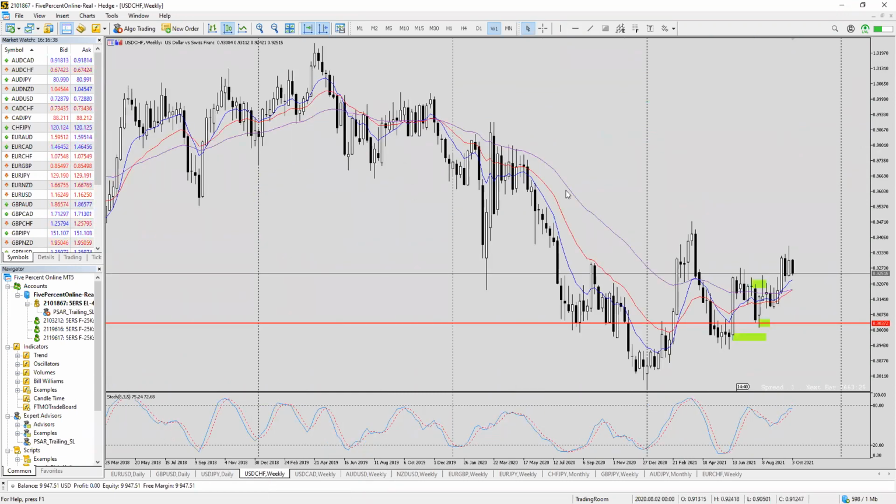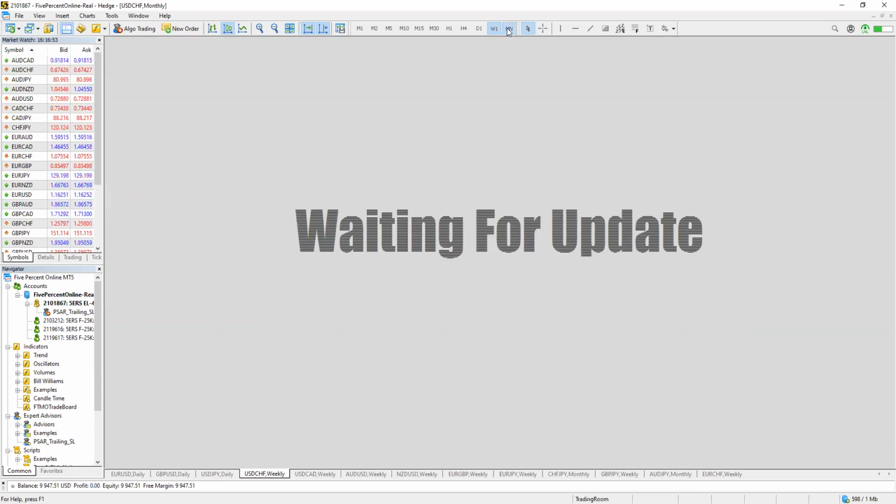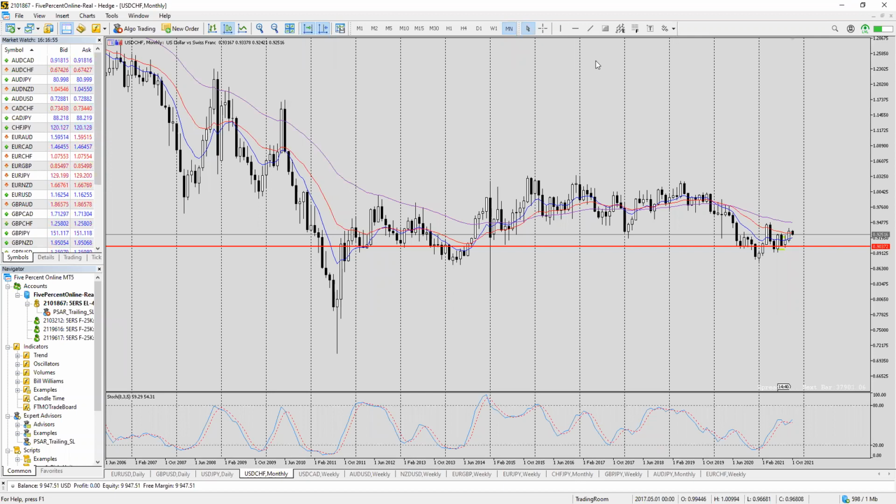Dollar Swiss, also just like dollar yen, a little bit unpredictable. And you know, there were these talks about the SNB, maybe the Swiss National Bank intervening and trying to weaken the Swiss currency. Maybe, I'm not sure.